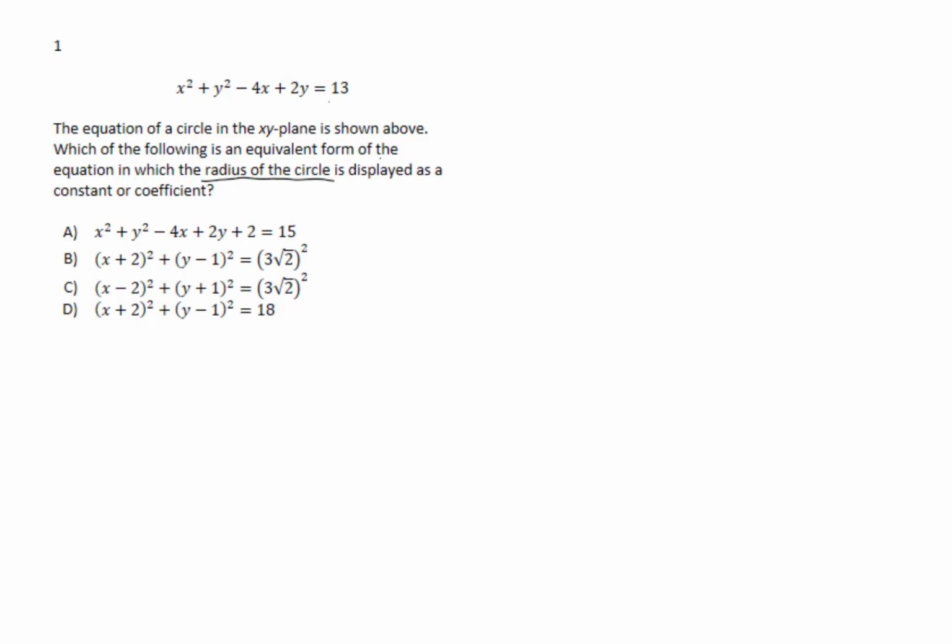So we take this non-standard equation and put it into standard form. I have x squared, and I'm going to go ahead and put the x's over here together. So it's going to be x squared minus 4x, and then y squared plus 2y, and that's equal to 13. Then I need to add the b over 2 term to both sides for both the x's and the y's. So I'm going to do that.